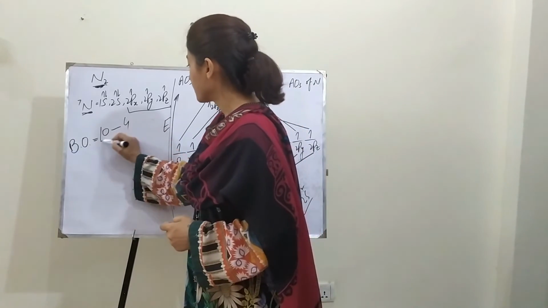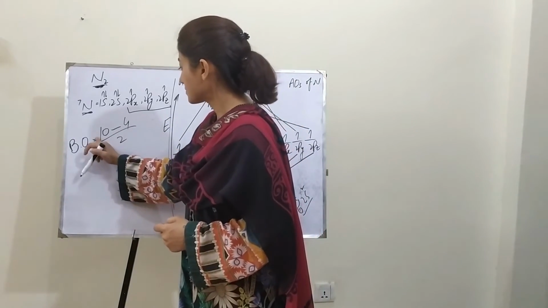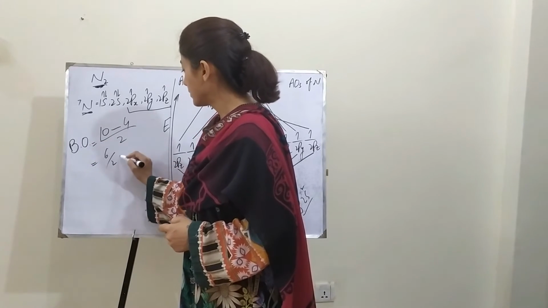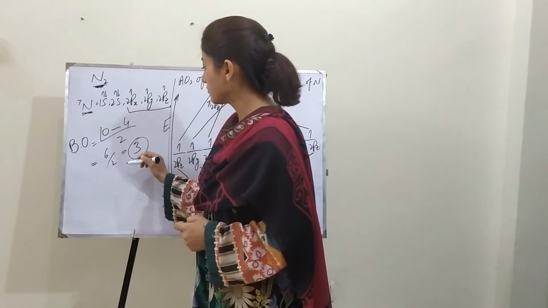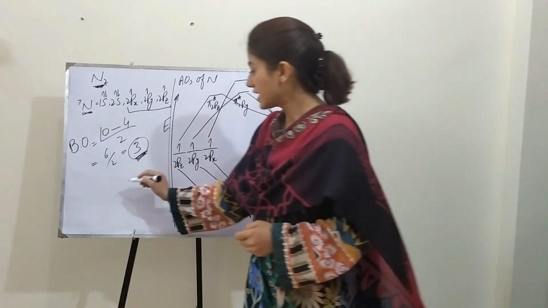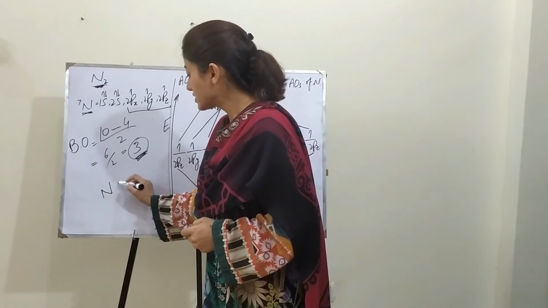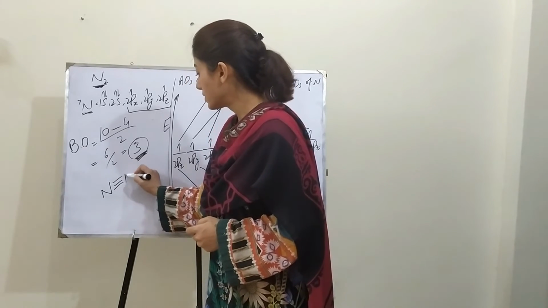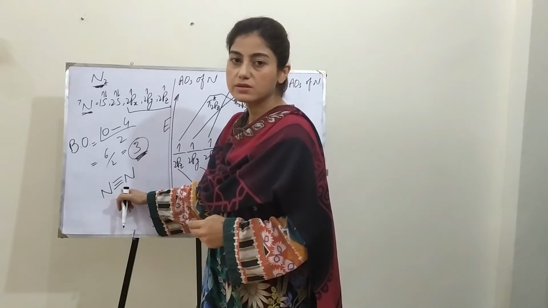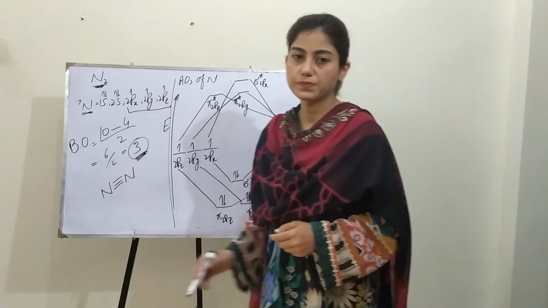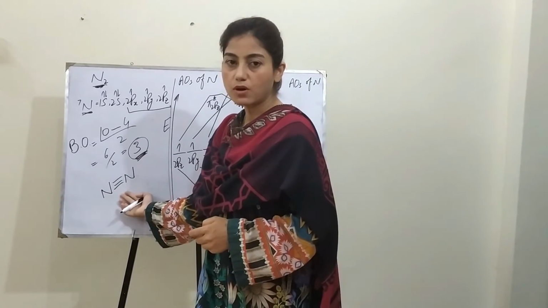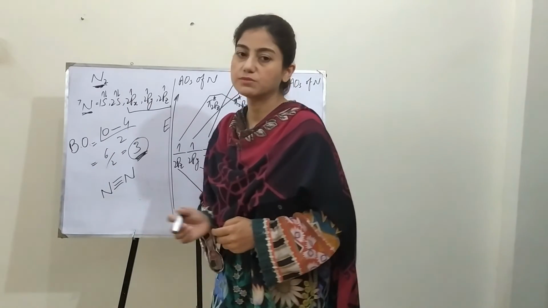So minus 4 over 2. Then here 6 over 2 is equal to 3. So the value of bond order is 3 over here. That indicates that the nitrogen atoms would form 3 bonds or a triple bond between them. The 2 nitrogen atoms would form triple bond to make a nitrogen molecule.